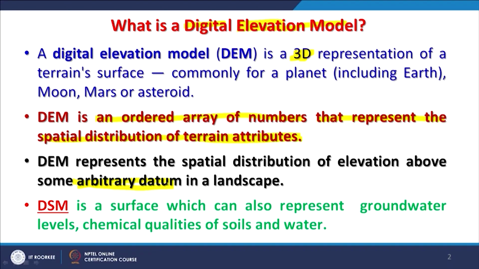DSM by definition is a surface which can also represent groundwater levels or chemical qualities of soils or water. So when the cell value is not elevation but some other value, you can also call it DSM, but the most popular and common term is of course DEM.